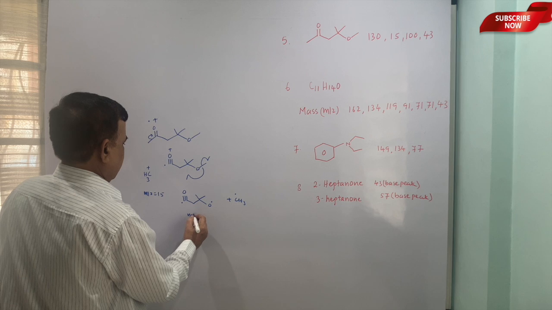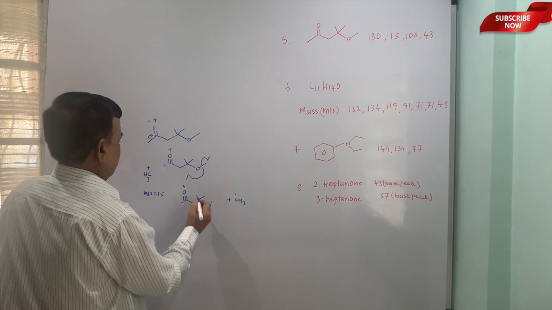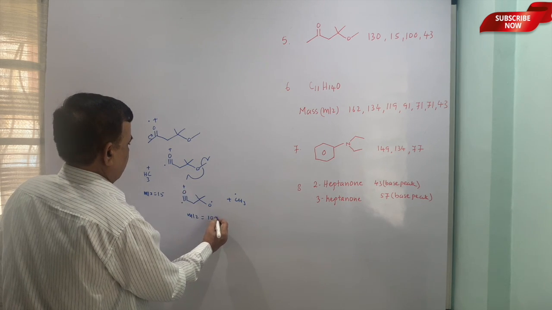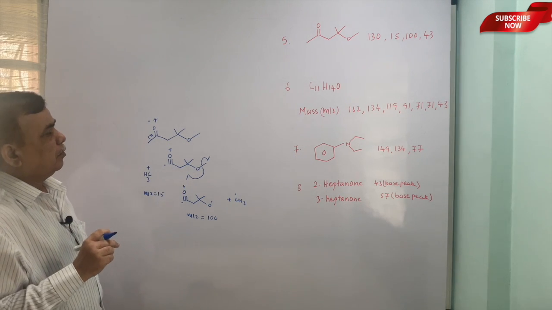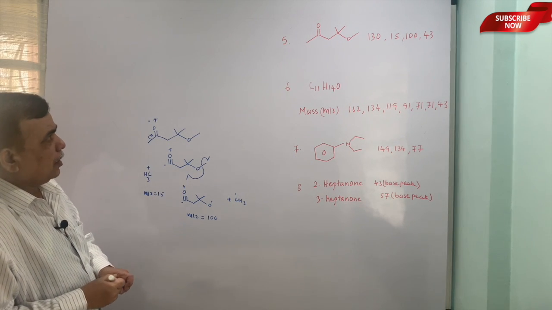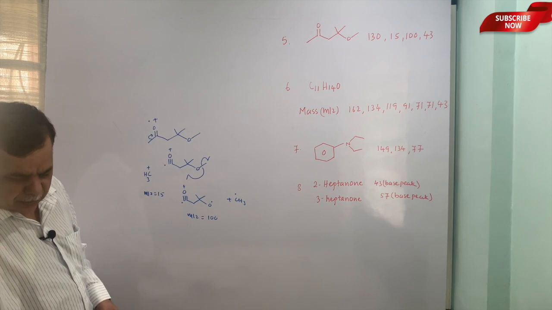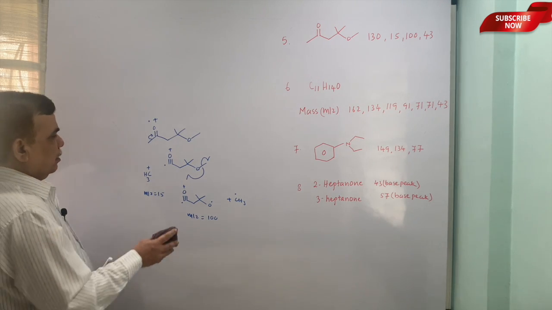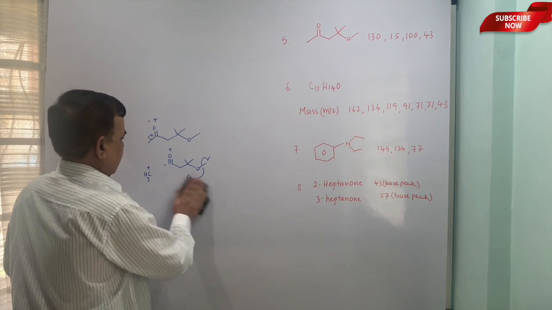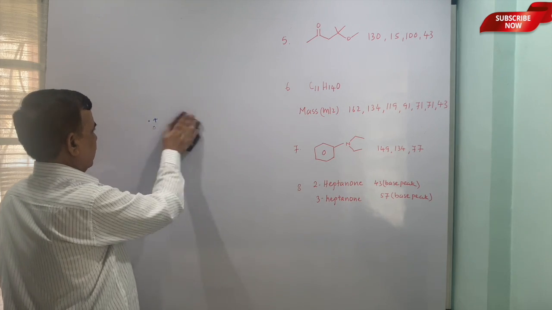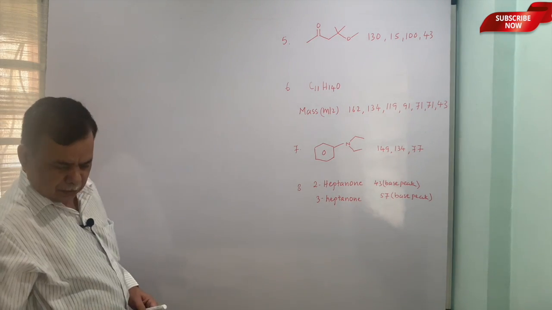This is m/z equal to 100. So 130 looks like the molecular ion. This is how you can explain the formation of the fragments which are given there.